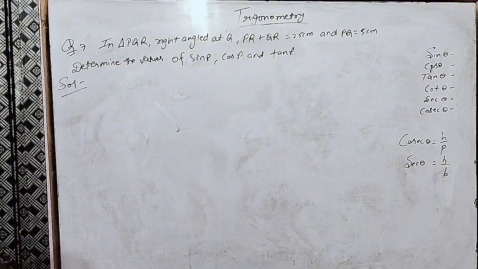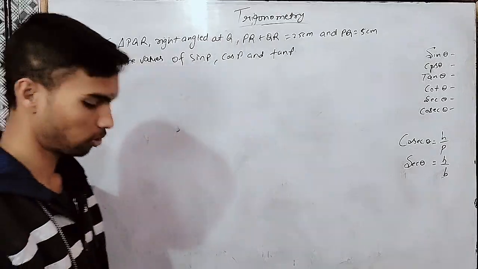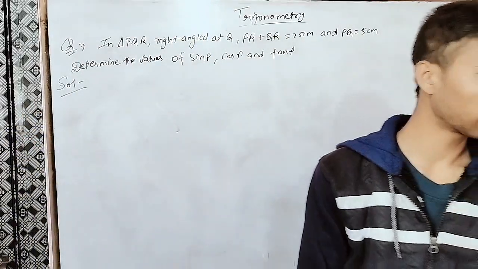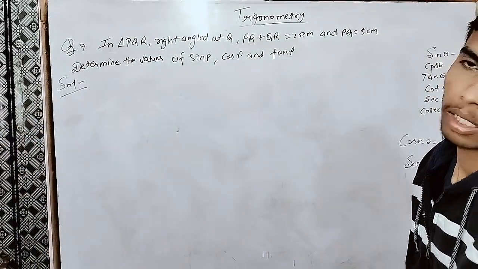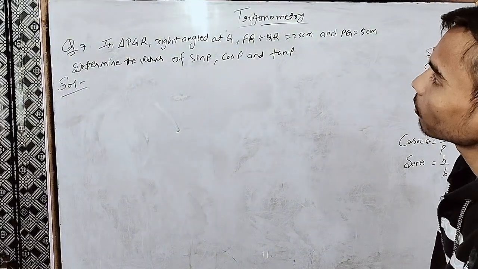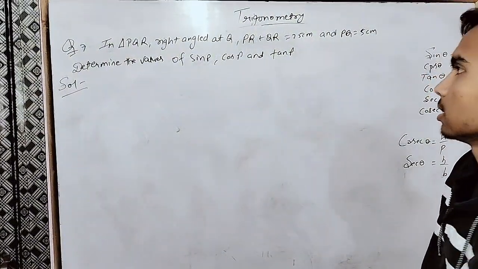First of all, let's make a diagram of the triangle by the given value of each side.